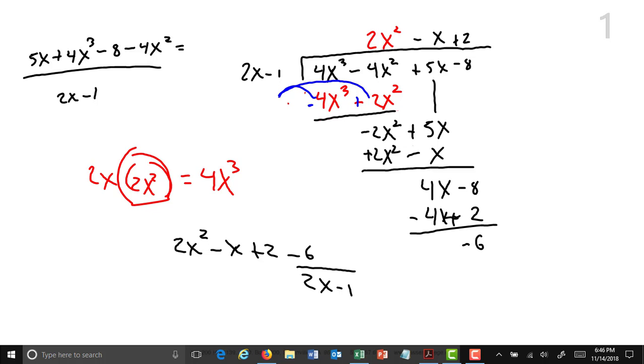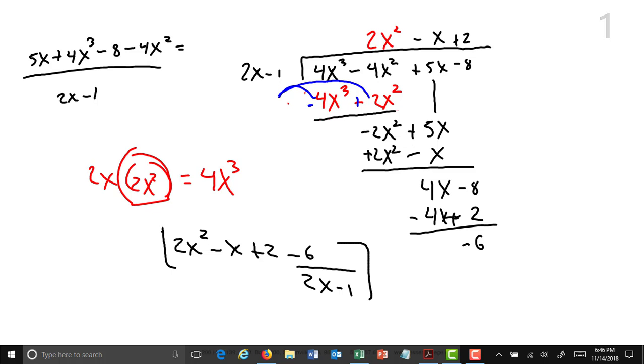Now, according to this, if I take this and multiply it times this, because if you take this times this, you should get back to this, right?